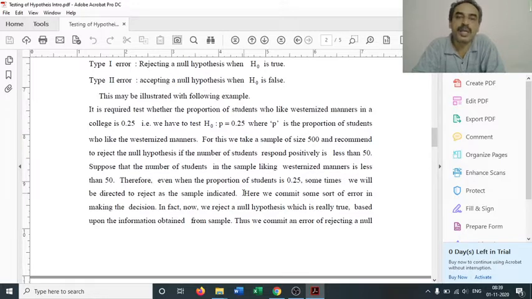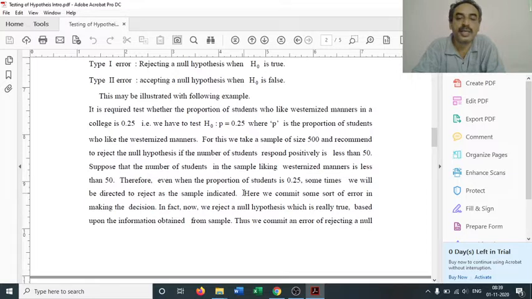In the same manner, we may be directed to accept a false hypothesis based upon the information from the sample. Therefore, the two possible types of errors are rejecting a true hypothesis and accepting a false hypothesis.